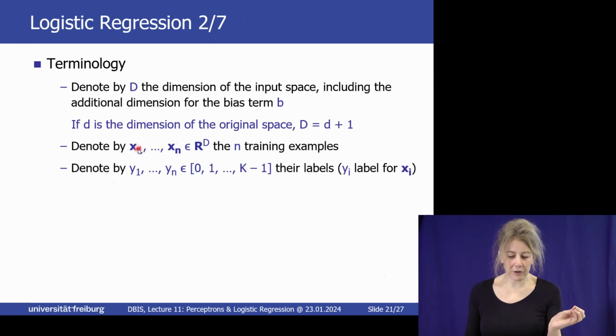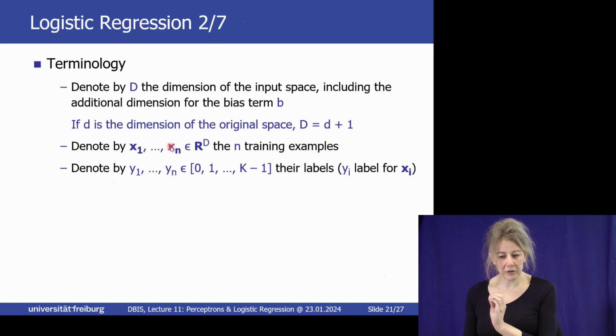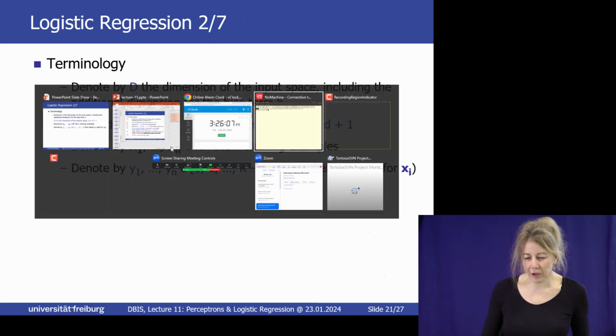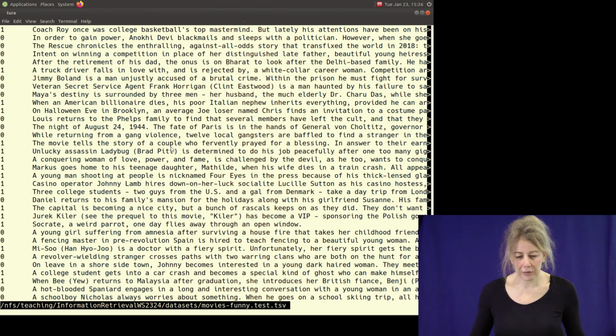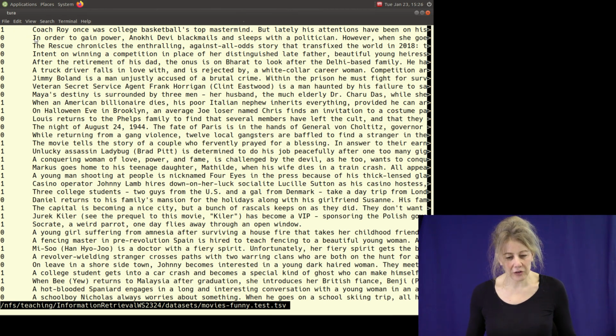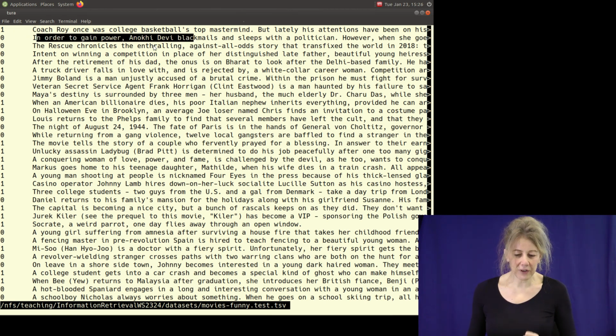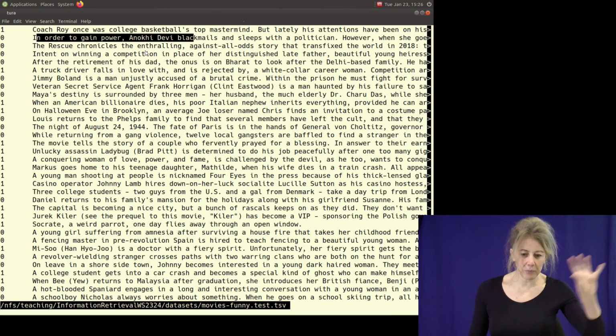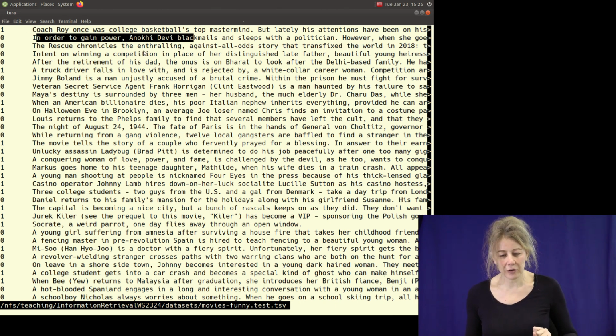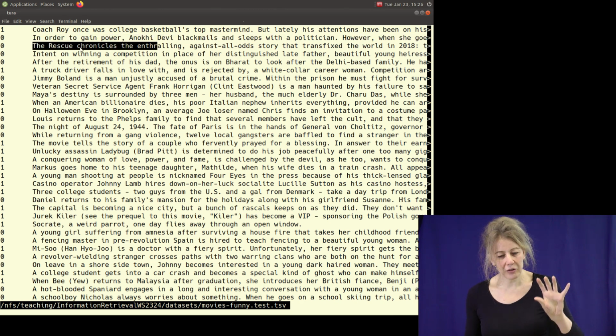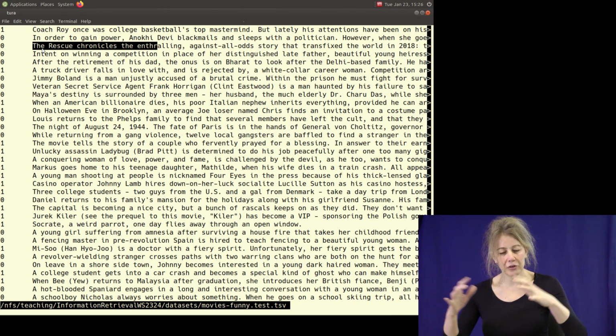I have my training examples, which are vectors. Let me very quickly relate it to the exercise sheet, where you have your text. Let's say you do it with embeddings, and with frequency vectors, but let's just talk about embeddings. For each document, for every word, you look at the embedding, and if there is one, you add them all up.